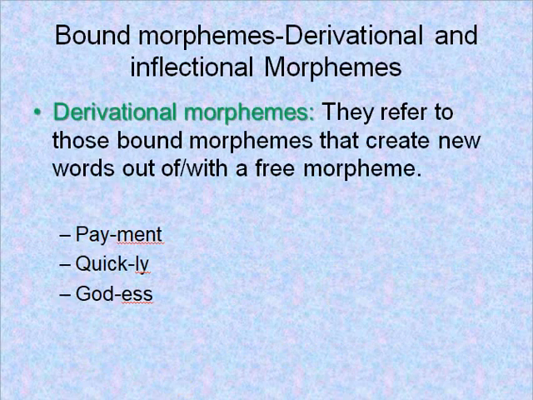Now, bound morphemes can be, according to the function, according to the meaning, either derivational or inflectional. Now, what is the derivational morpheme, and what is the inflectional morpheme?